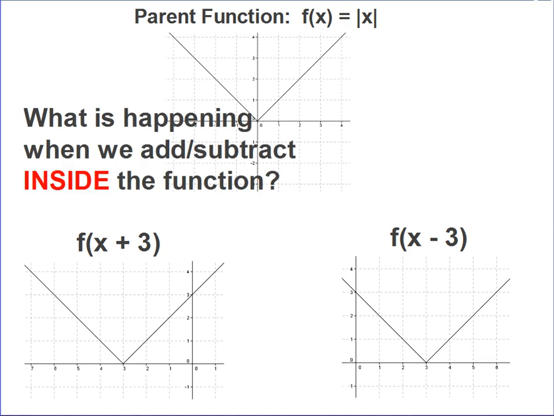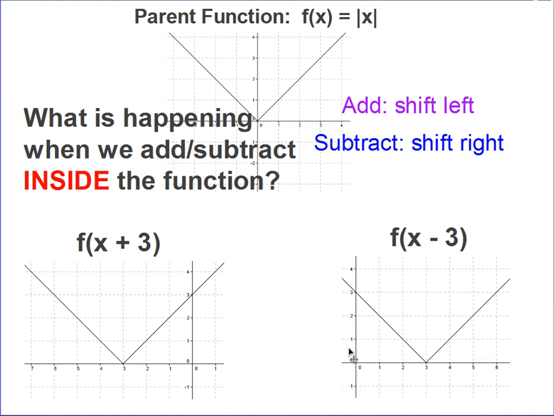So when we're adding and subtracting inside the function, it gets a little tricky this time. If we're adding inside a function, it actually shifts to the left. And if you're subtracting inside a function, it shifts to the right. Almost the opposite of what you would think would happen.